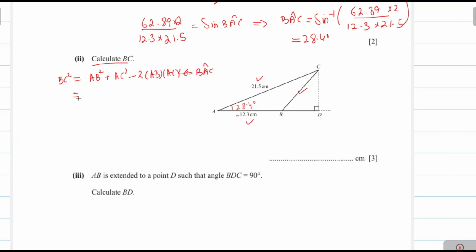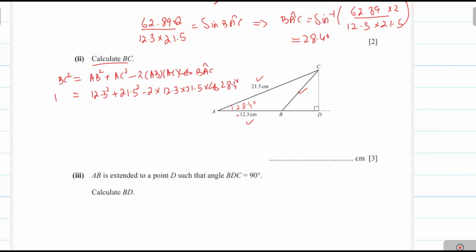Now we substitute the value here. This AB square is 12.3 square plus AC is 21.5 square minus 2 times of AB here is 12.3 into 21.5 into cos of 28.4 degree.